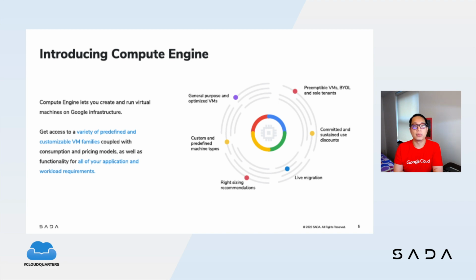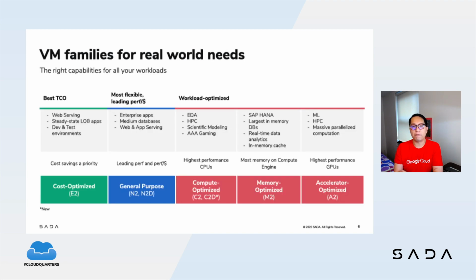Let's move on. We have prepackaged several product sets or packages on the VM families. For example, we have cost optimized VM, which is named the E2 family. We have general purpose, which is N2, and with AMD's CPU, we name it N2D. For example, we have compute optimized, which is C2 and C2D.